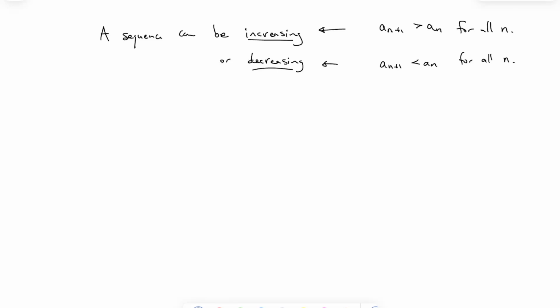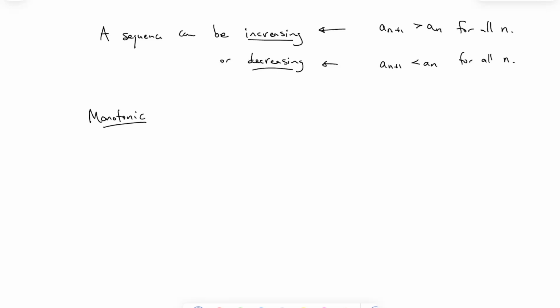All right, that's decreasing. And last time we did some examples of showing that a particular sequence is either increasing or decreasing. You'll have some more of those on the homework to try. And then the other word that I said was monotonic.